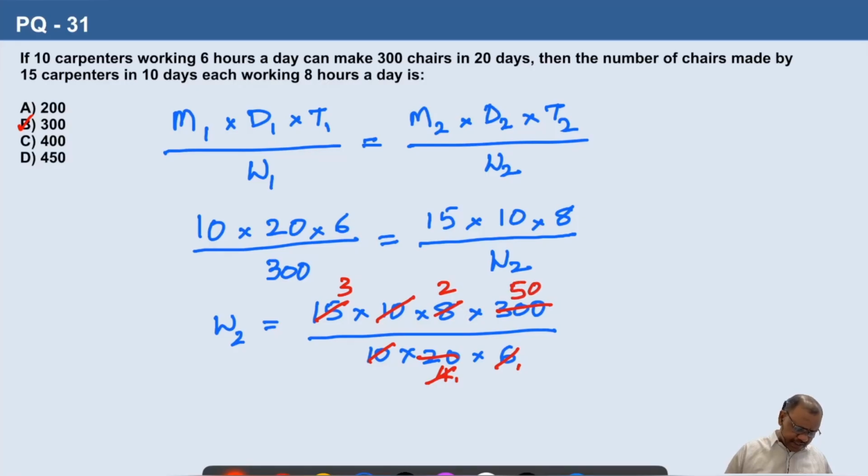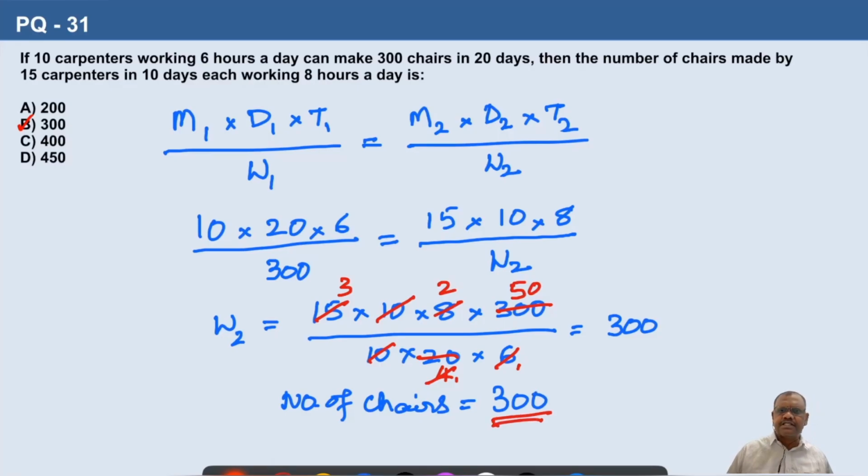So what is remaining? 3 into 2 is 6, 6 into 50 is 300. So the number of chairs in the second case is 300, which is the same as the first case. So option B is the right answer.